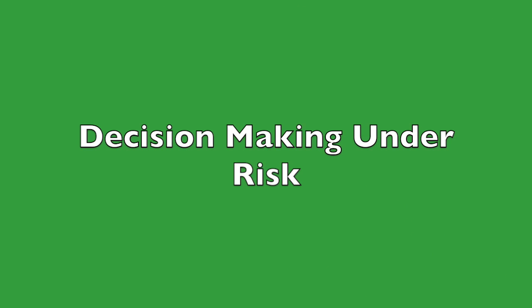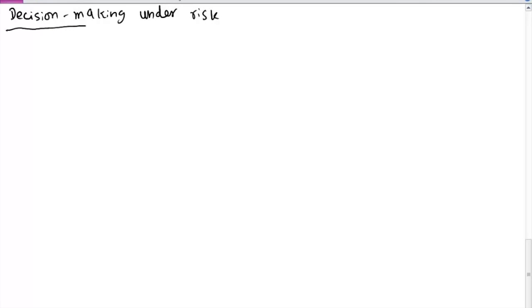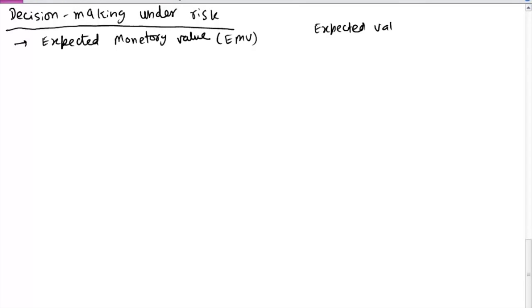So as you know, the major difference is that the probabilities are known. So for decision making under risk, we calculate what is called expected monetary value. Expected value or the average value is same as average or mean.